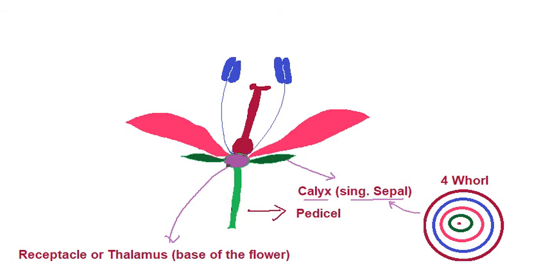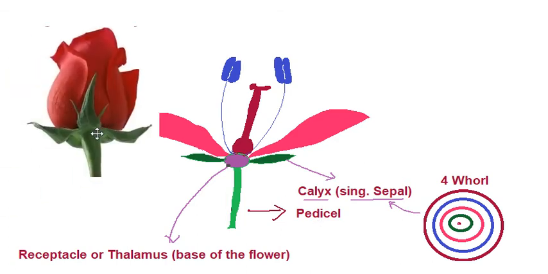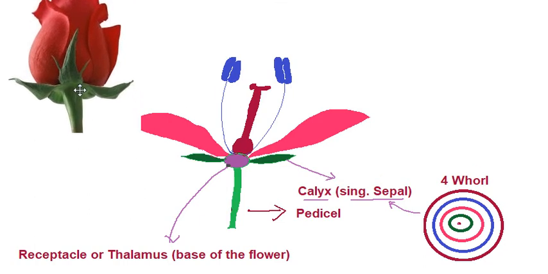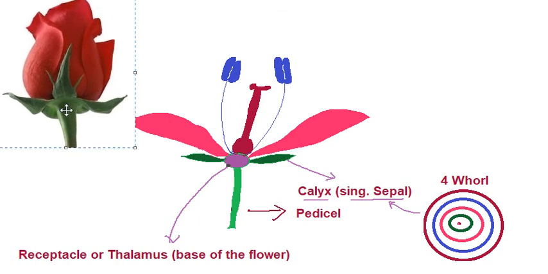If we take a flower that is a rose, what we can see over here is the colorful part. This colorful part is the petal, and the one that we see here in green is our calyx.